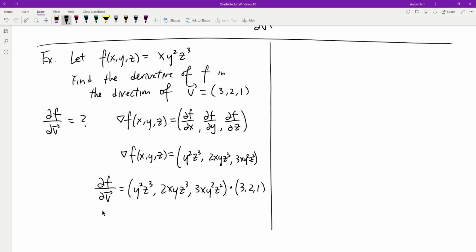That scalar is given by this formula: 3y squared z to the third plus 4xyz to the third plus 3xy squared z squared. So 3 times the first term plus 2 times the middle term plus 1 times the last term, and they all add together.